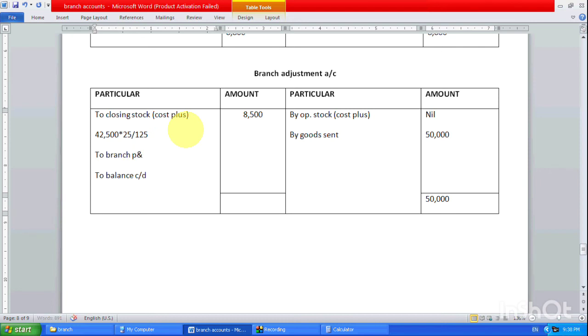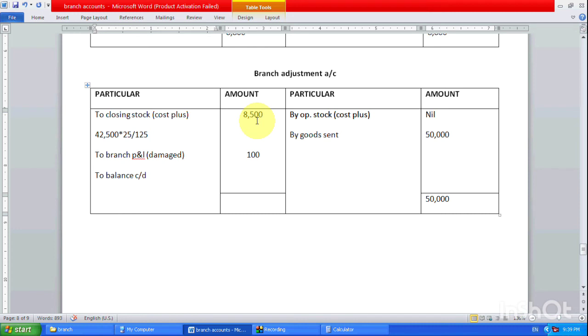See, is there any other entries? Yeah, branch P&L entries. Okay, how much? 100. This is 100, we have already written there, so these 100 we have transferred here. So 41,400. Now balance carried on. You can write here in place of P&L with that damage also. This entry is for damage of goods.